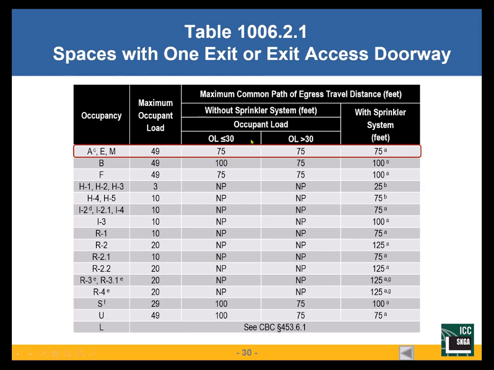If it's less than 30 not sprinkled, it's still 75 feet because of these higher hazard facilities. So footnote A says it's sprinkled with either NFPA 13 or 13R for residential, whichever one is appropriate for the building.